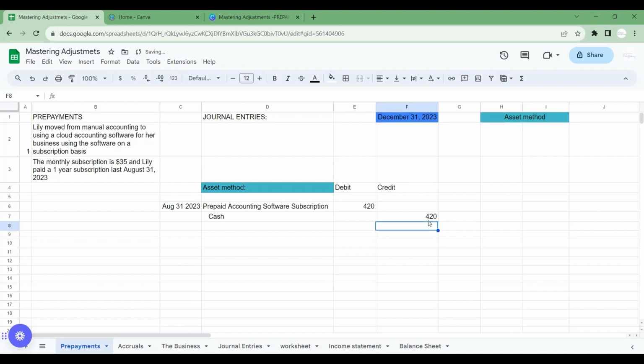We know that from August 31, 2023 up to December, it's not 1 year. It's only September, October, November, and December. Only 4 months have passed. So on December 31, what is our adjustment?